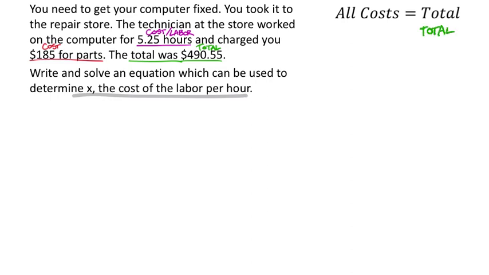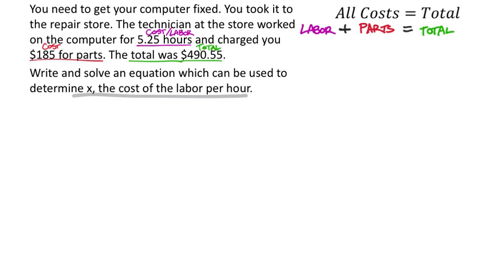But the costs, we have the two costs. We have the parts, and we have the labor. So I'm going to look at labor, and then I will add the cost of the parts. Adding those two together will give me the total for the costs, and then of course the total was just by itself, its own total.